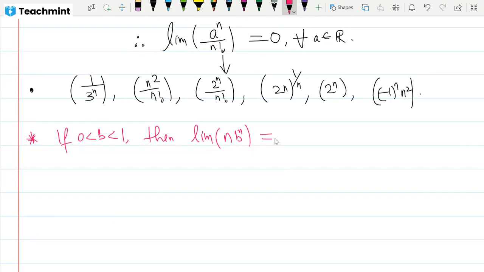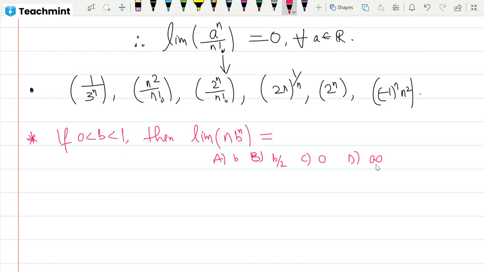So I will write the options also. Option A is b, option B is b by 2, option C is 0, and option D is infinity.